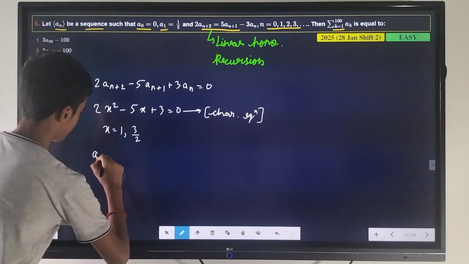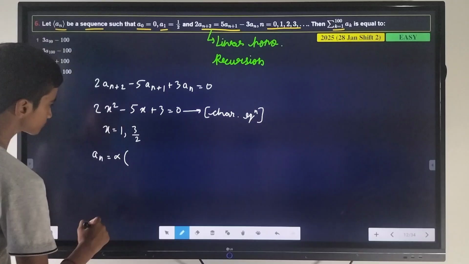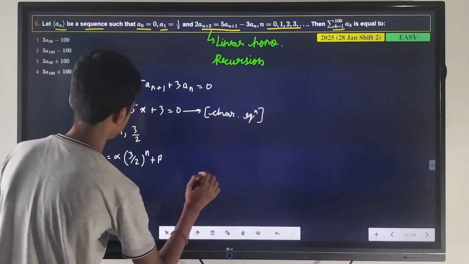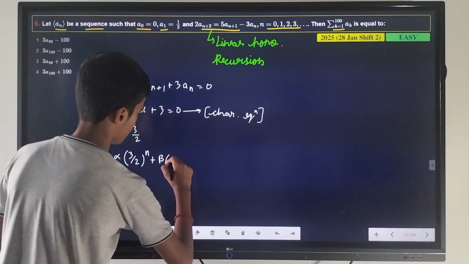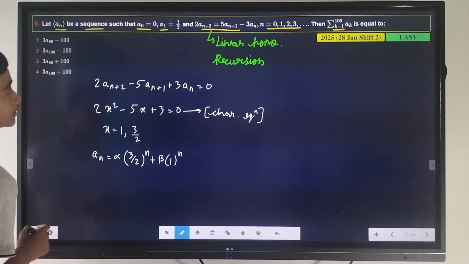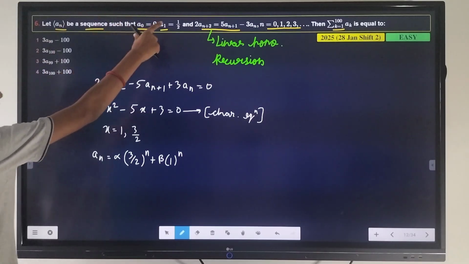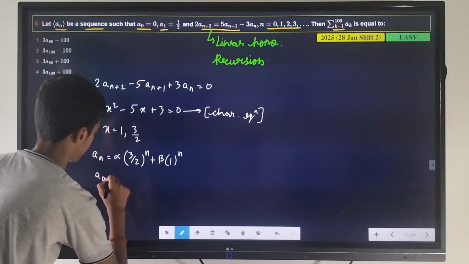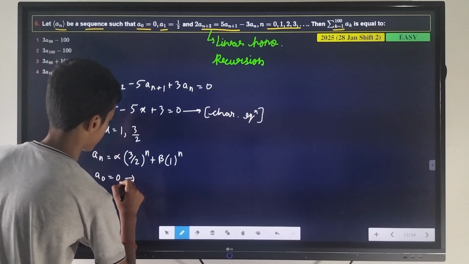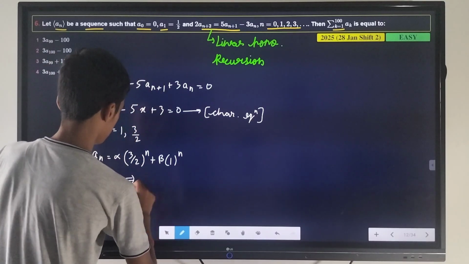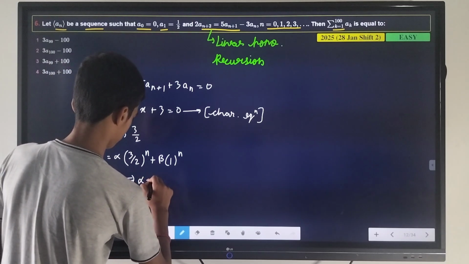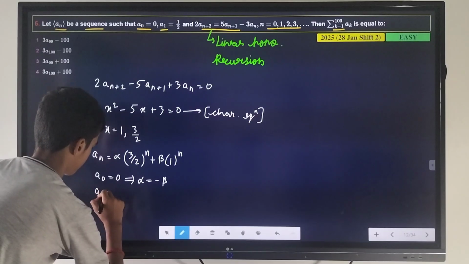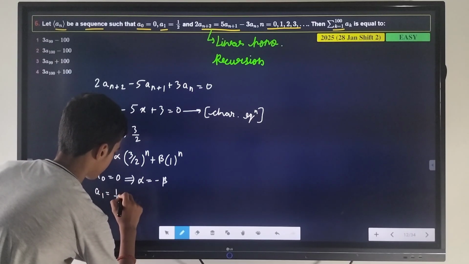Now we can say our an is equal to alpha 3 upon 2 raised to power n plus beta 1 raised to power n. Now we will use the given two equations. A0 is equal to 0. So from here we will get alpha is equal to minus beta. And A1 is equal to half.